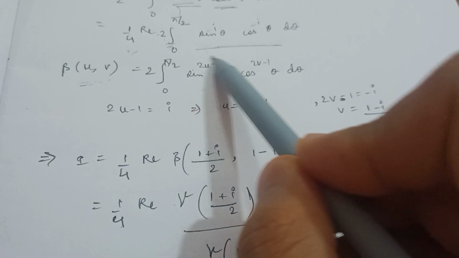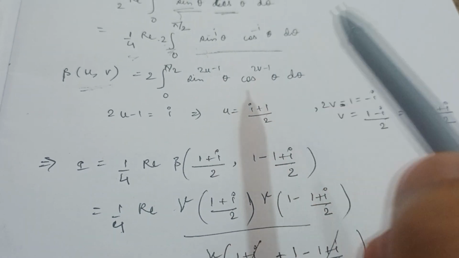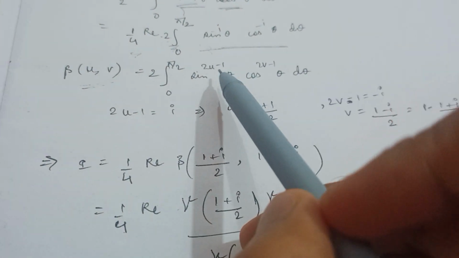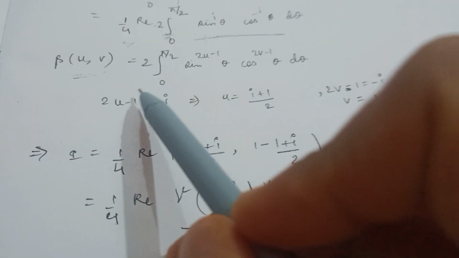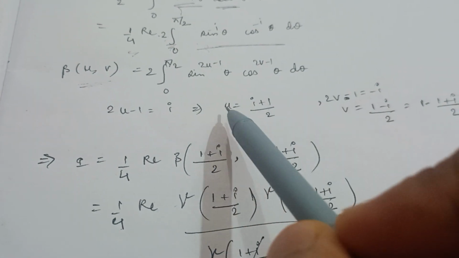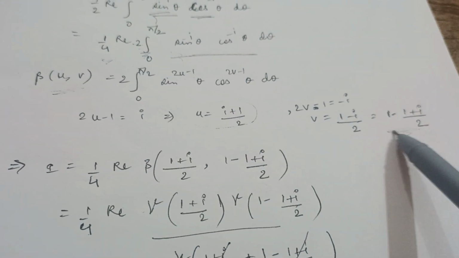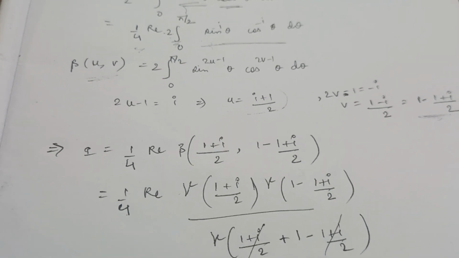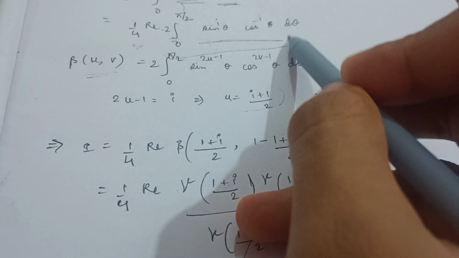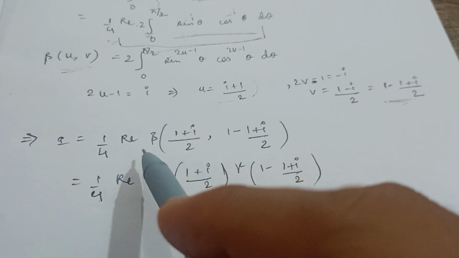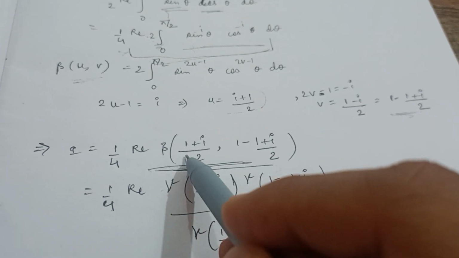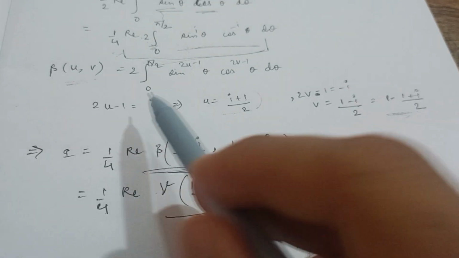So if you replace 2u minus 1 with i and 2v minus 1 with minus i, you can find the new u and v. So 2u minus 1 as i and 2v minus 1 as minus i. So u is this and v is this. Fine. So I will write this whole in the form of beta functions. So it can be written as this. u and v will change to this by this substitution.